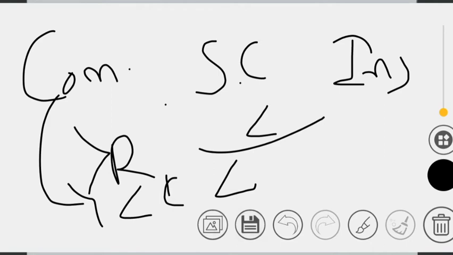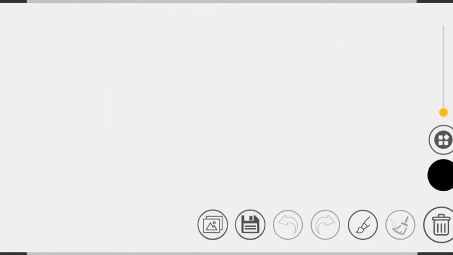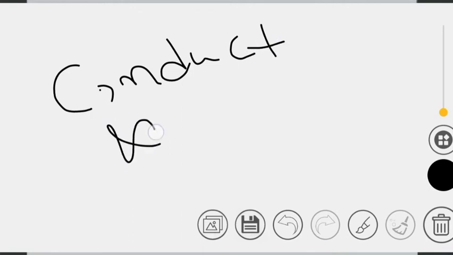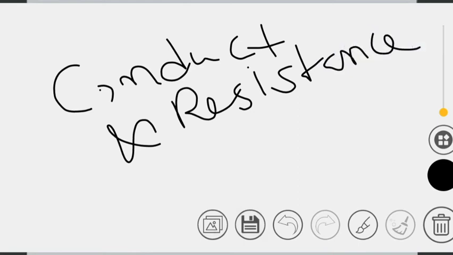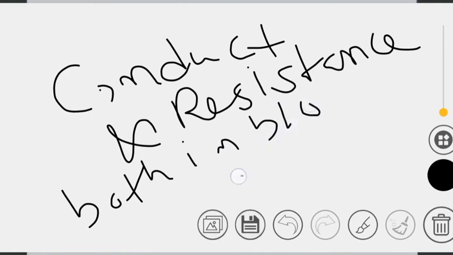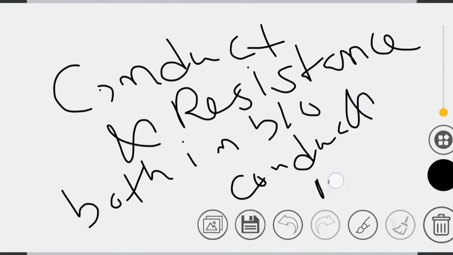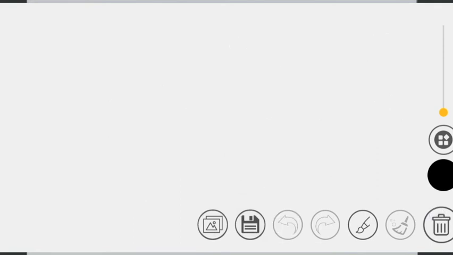This is the basic property of a semiconductor: the conductance and resistance are both in between conductor and insulator. Clear?